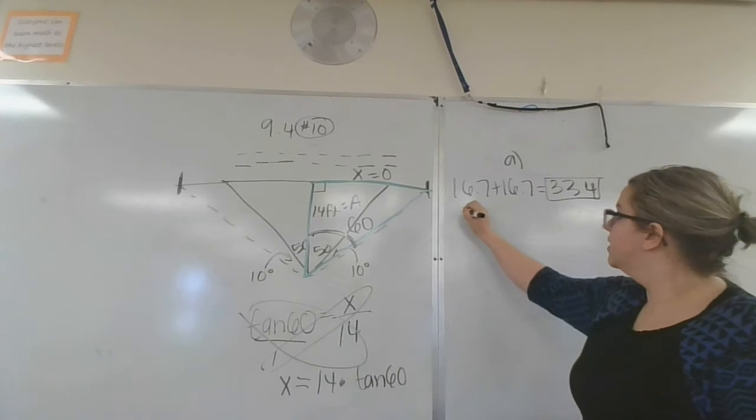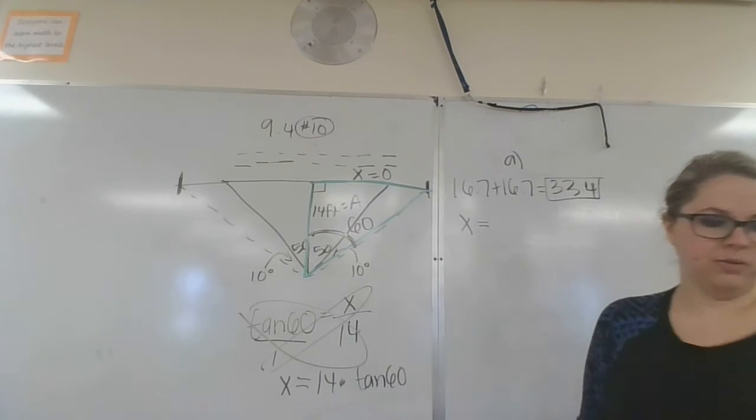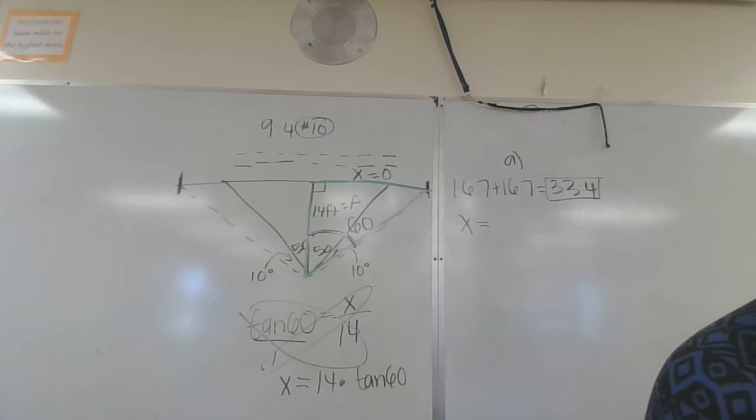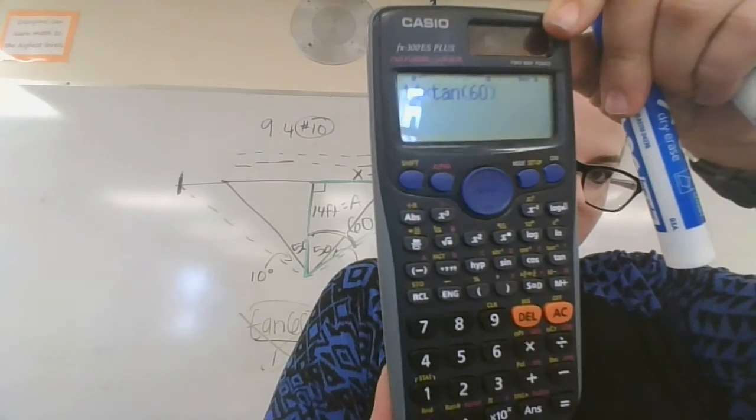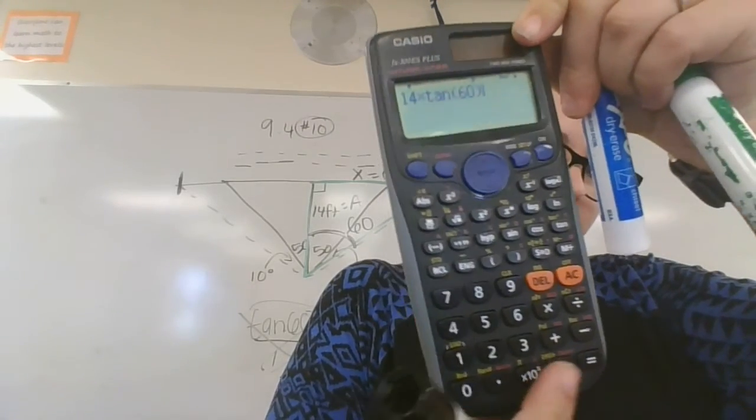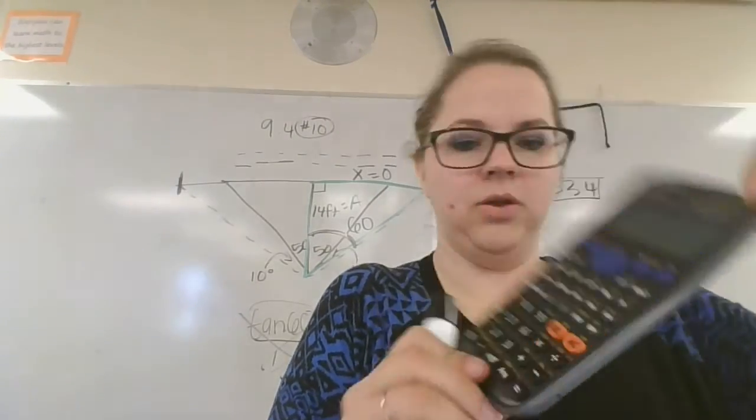So now x equals 14 times tangent of 60. This is what it looks like in my calculator. I hit equals. No, that's not equals.